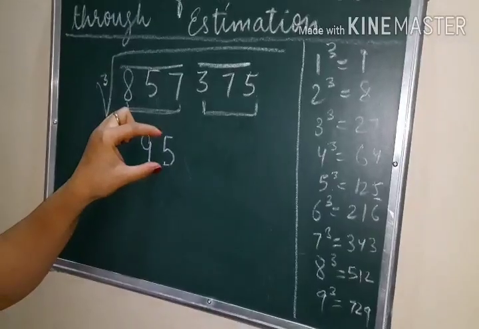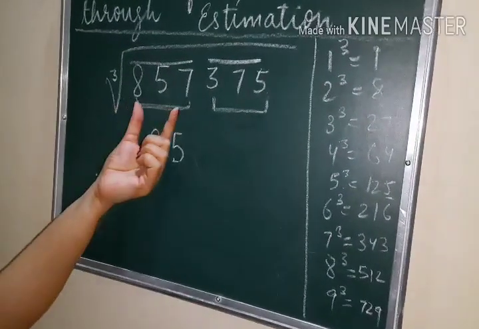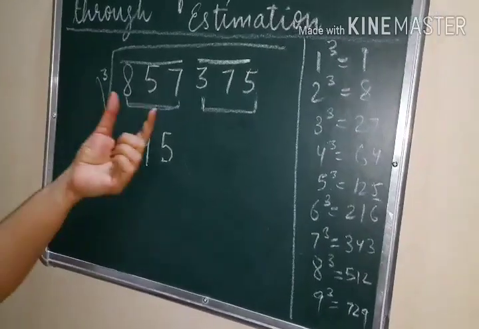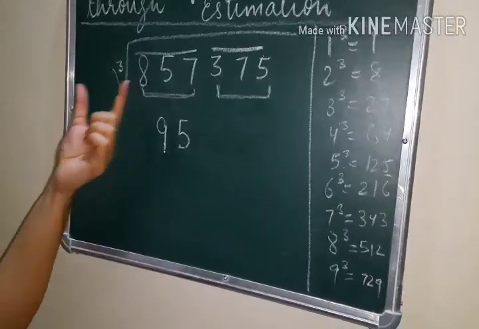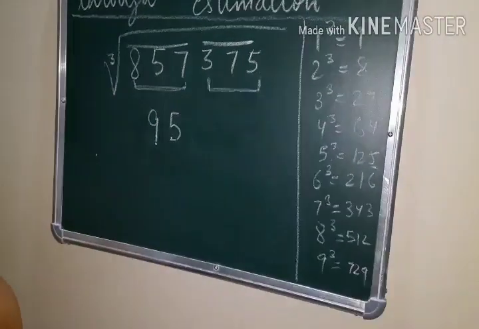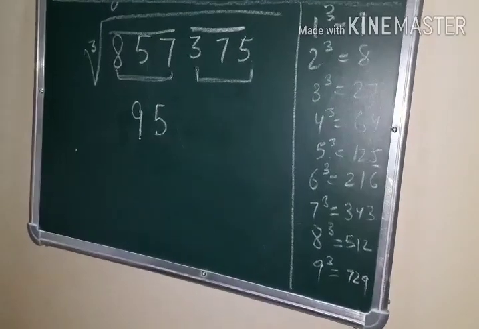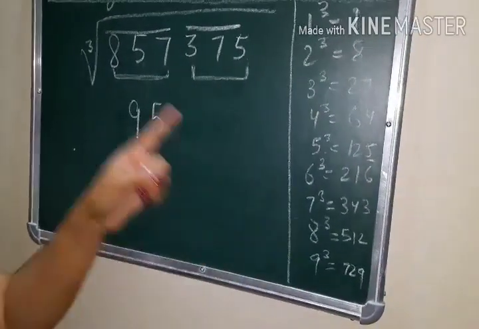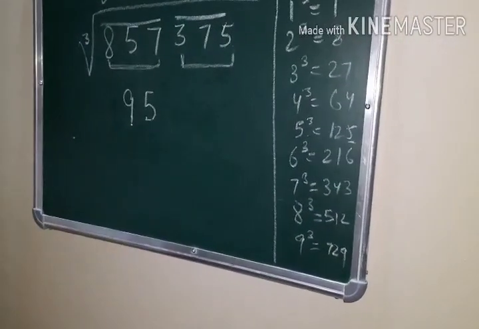So one digit of your answer will be 5. Then look at the other group. You have to see which perfect cube less than this number there is. The perfect cube less than 857 is 729, and it is the cube of 9. So your answer, the cube root, will be 95.